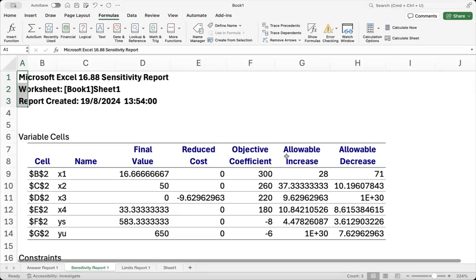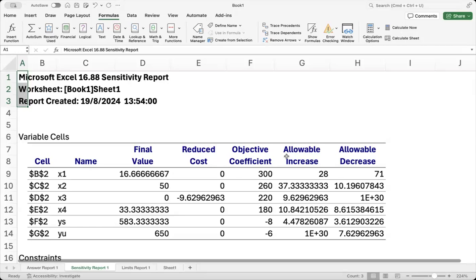You can look at the allowable increase and allowable decrease. If this coefficient changes within this range, you don't have to solve your problem again. The solution remains at this final value.